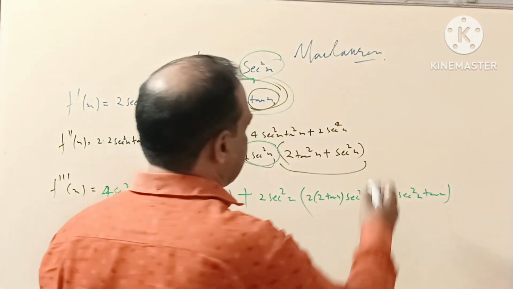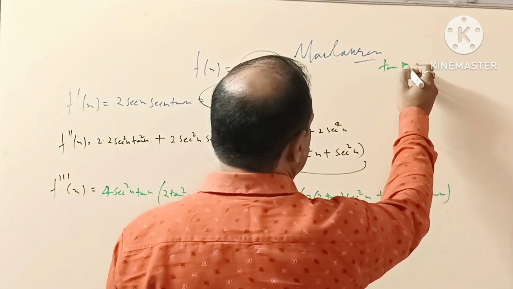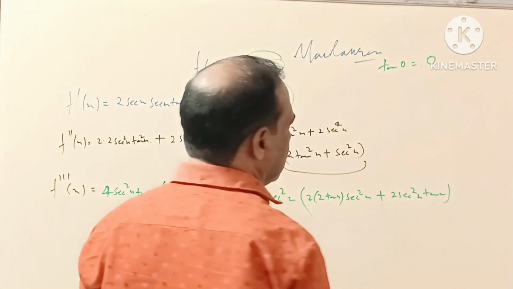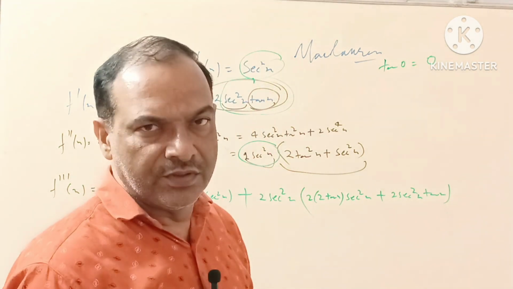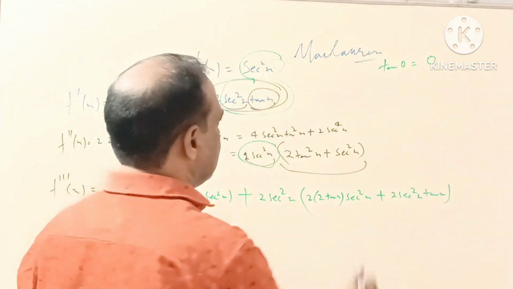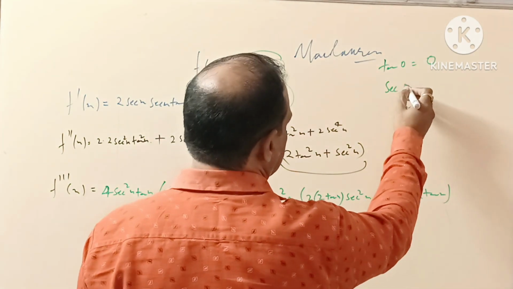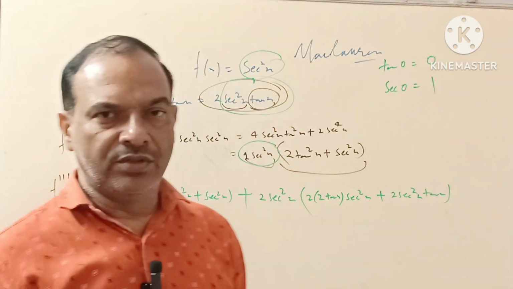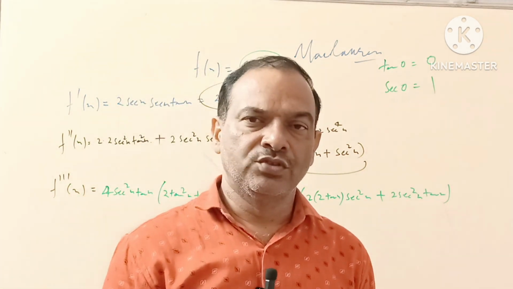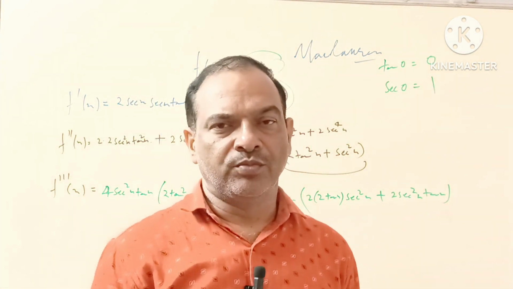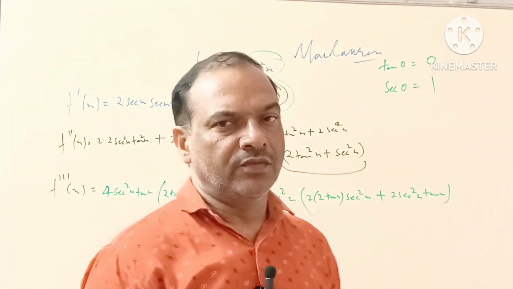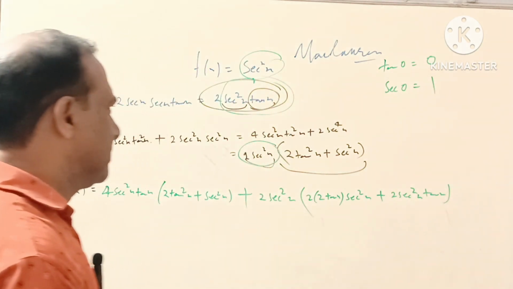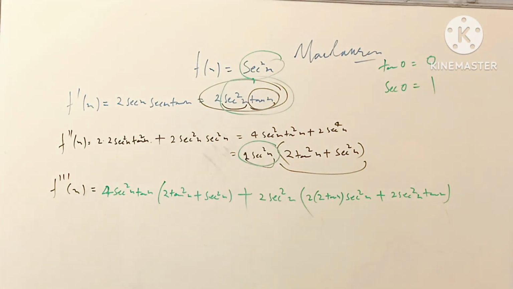We know tan 0 is equal to 0. Okay, tan 0 is equal to 0, and sec 0 is equal to 1, because sec x is equal to 1 over cos x, and if I put cos 0, it will give me 1, and 1 over 1 is again 1. It means sec 0 is equal to 1.